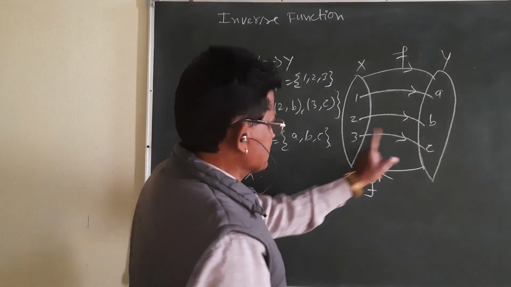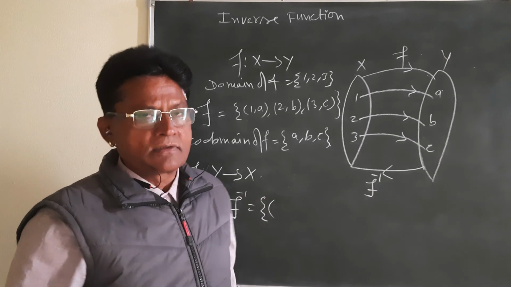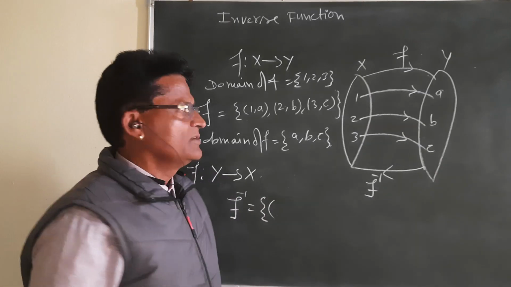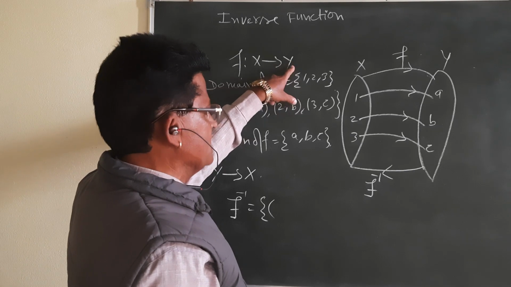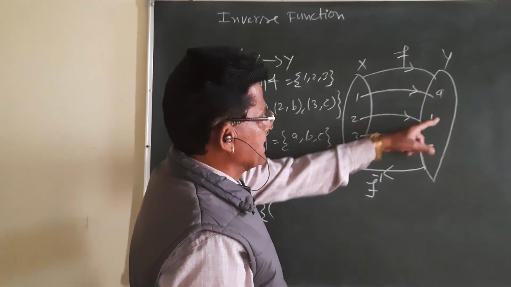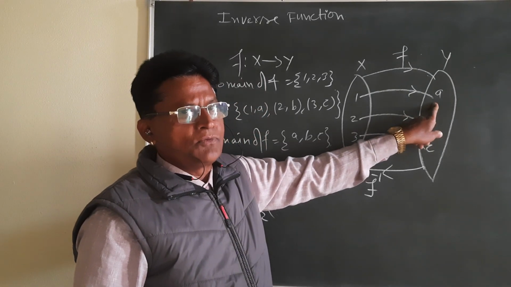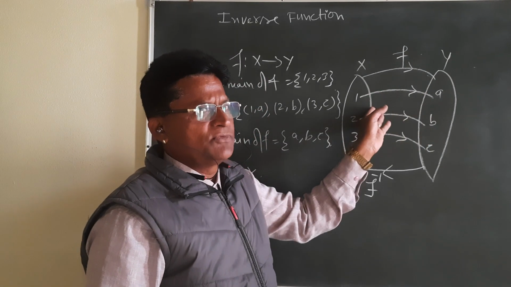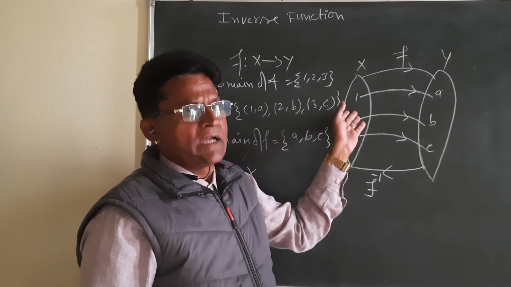Automatically domain and range will be changed. This is codomain as well as range, because each element of y forms the image with some element of x.